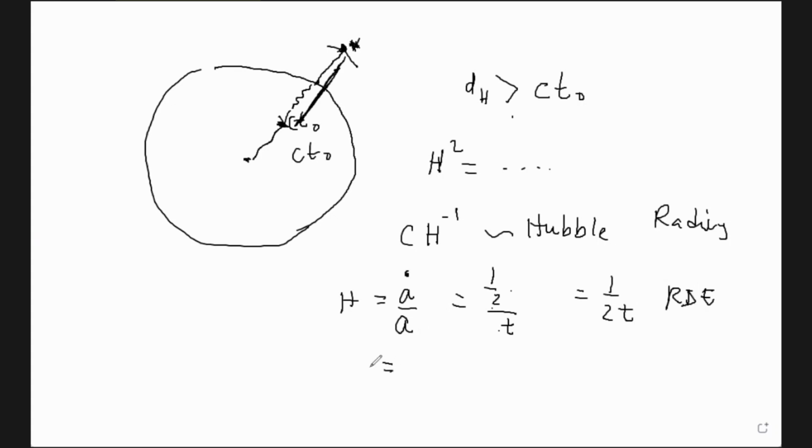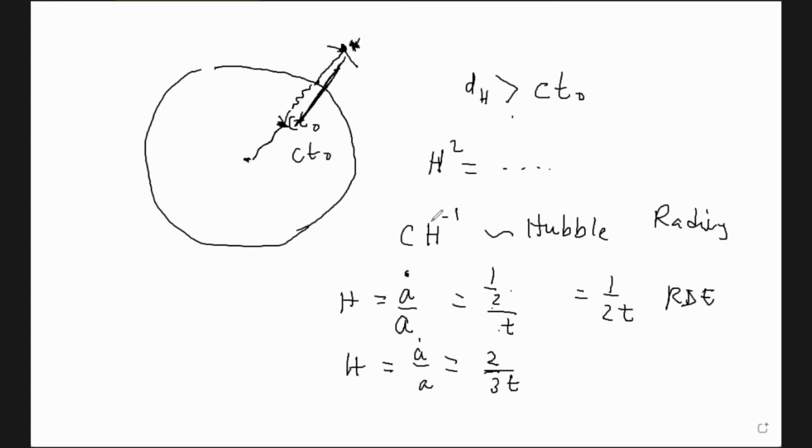For a matter dominated universe, what is a dot by a? a goes as t to the power 2/3, so it will be 2 by 3t. Is it clear? Yes, sir. So you see, in both cases H goes as 1 by t.